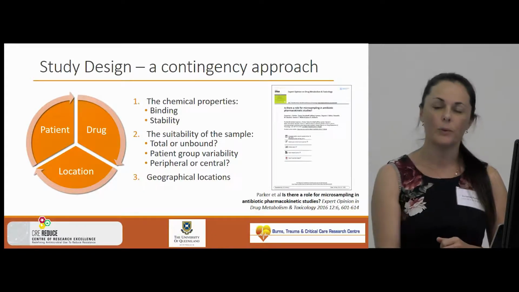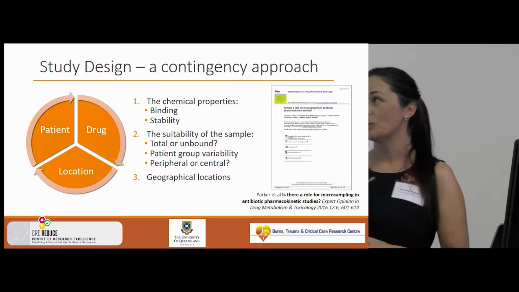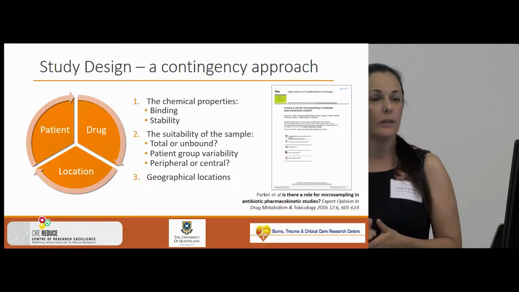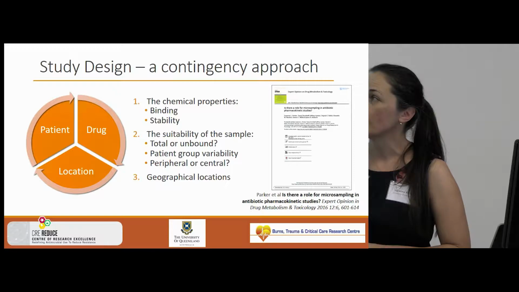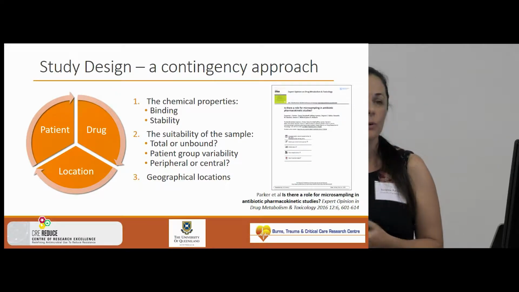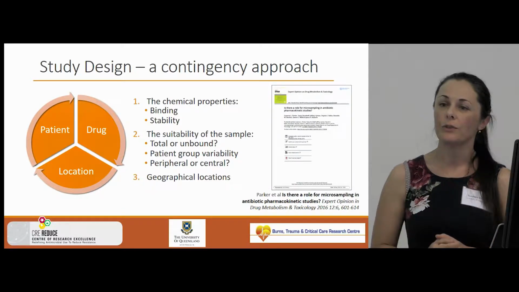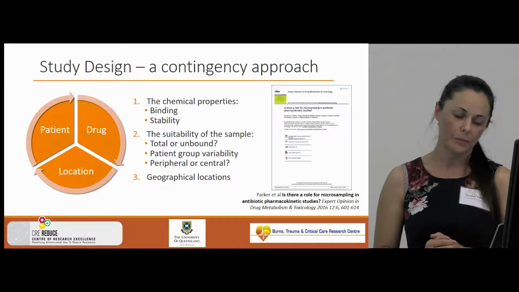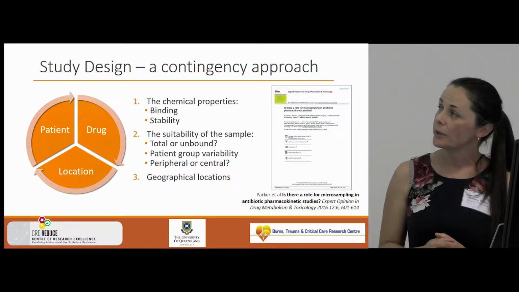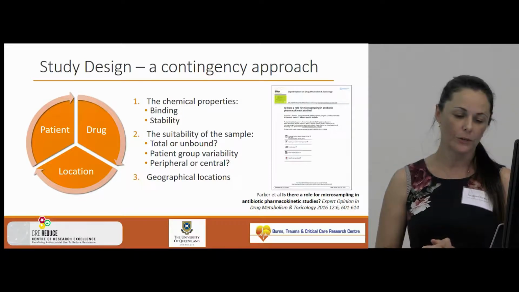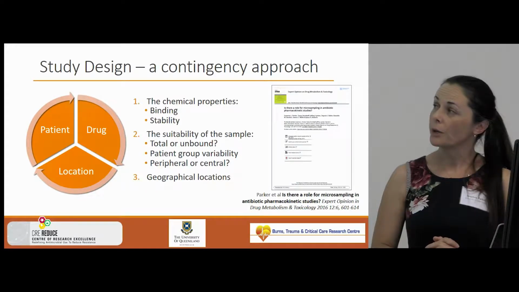For stability, we know that vancomycin is extremely stable in plasma, frozen, but we need to look at how it is in whole blood, but also, if we're going to use a dried sample, the stability as a dried sample. Again, we do this in our bioanalytical laboratory validation. We then need to think about the suitability of our sample. Are total or unbound concentrations required?